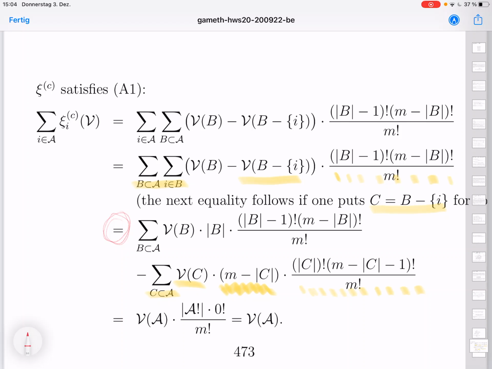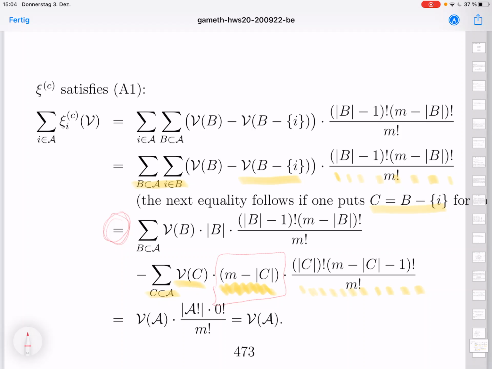So I get almost the same summand in the two sums, but not completely. The summand where b is equal to a is missing in the second sum, because there for c equal to a, this factor m minus c gives me 0 here. And therefore this summand drops.